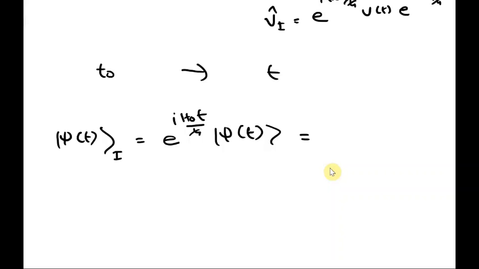I know ψ(t) is a time dependent wave function, and the time dependence of that wave function is coming from an operator, the time evolution operator, that changes it from t₀ to t. So I'm just writing it as e^(-iH₀t/ħ) U(t, t₀) ψ(t₀), that is the initial wave function. Okay.